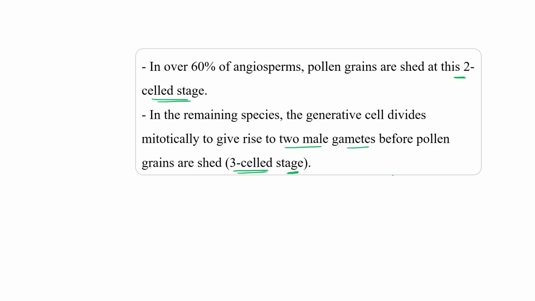So one nucleus is present in the vegetative cell, one in the generative cell. In the remaining 40%, the generative cell divides mitotically and produces from 1 to 2. So, three-celled stage. Just before the pollen grains are shed, they convert into the three-celled stage.